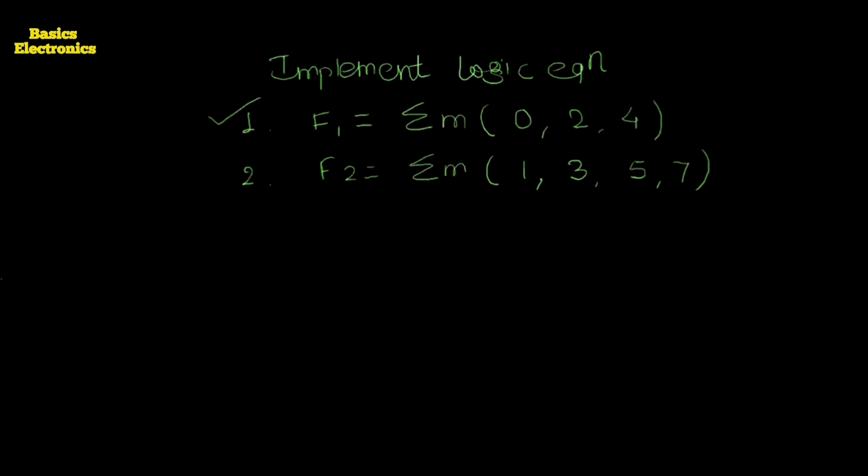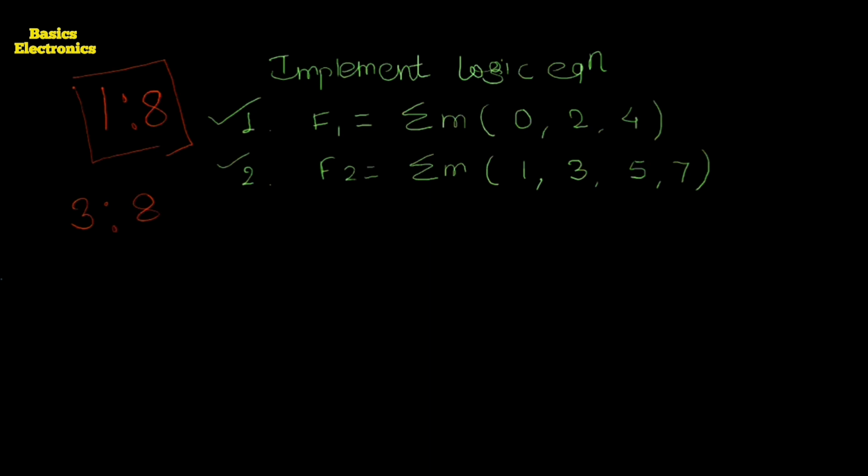Now, one can think that two equations are there, meaning we require to use two demultiplexers. No, you do not need to use two demultiplexers. We can implement it by using only one demultiplexer, and that demultiplexer is the 1-line to 8-line demultiplexer. If we call it a decoder, then we say 3-line to 8-line decoder.